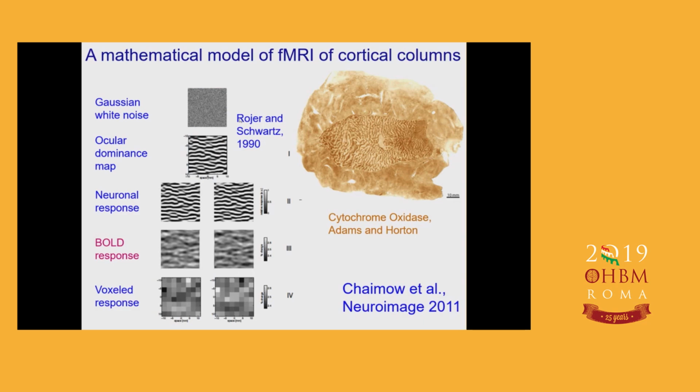We follow Rojer and Schwartz by starting with an image of Gaussian white noise that we filter with an anisotropic filter in order to get stripes that are similar in topology and structure to ocular dominance columns in humans. We simulate neuronal responses to stimulation of the left eye and the right eye, and we convolve with the hemodynamic BOLD point spread function in order to mimic the BOLD response. Lastly, we simulate k-space sampling to get the voxelized results.